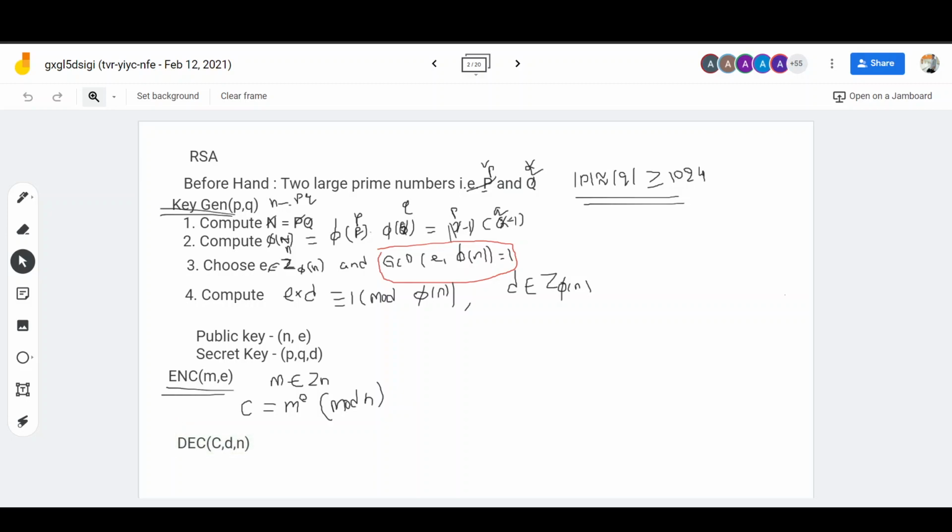The decryption function is: this is a small c, c to the power d mod n, which is equal to your message m.